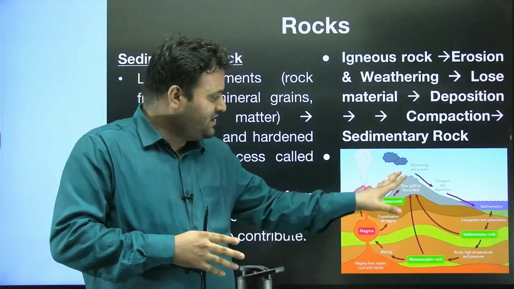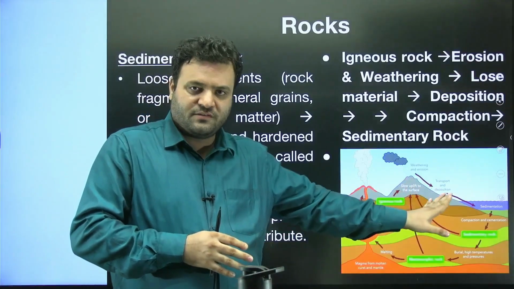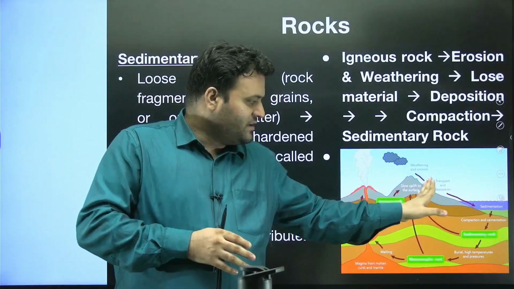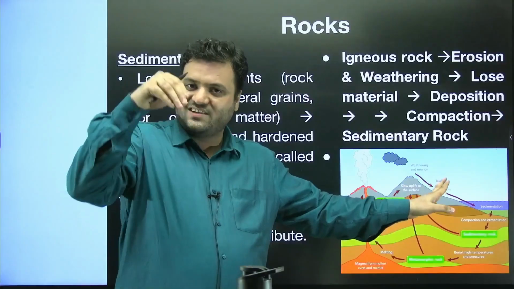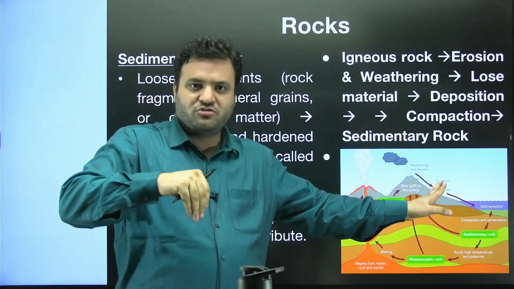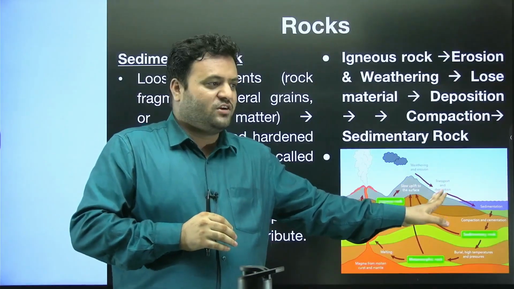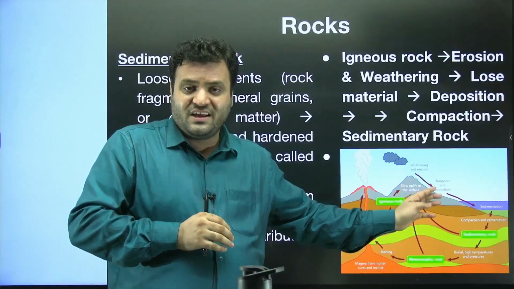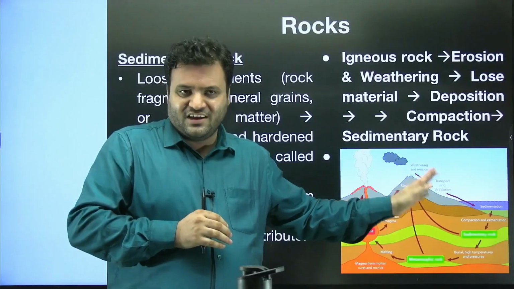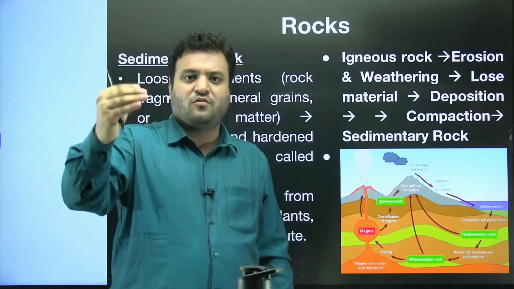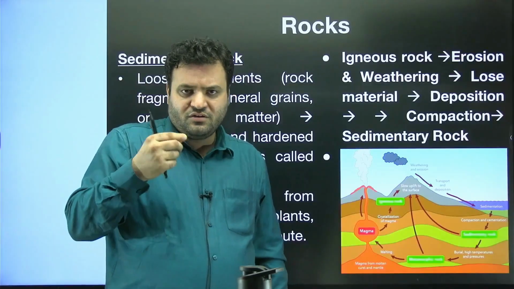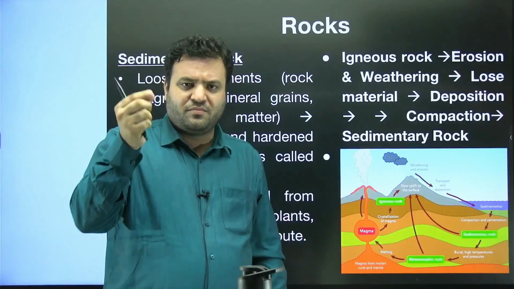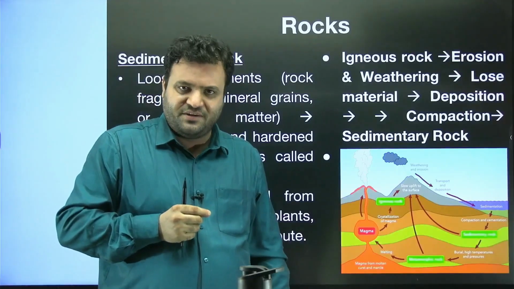So when this igneous rock is on the surface, exogenetic forces are going to apply, and these exogenetic forces will result in weathering and erosion of igneous rock. They will lead to the removal of igneous rock, and igneous rock will be transformed into minute small particles called sediments.